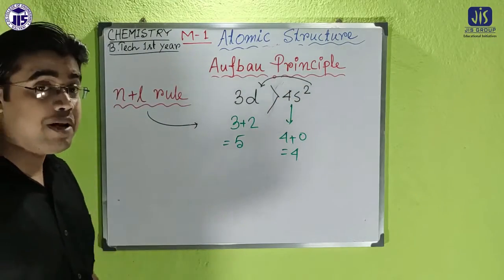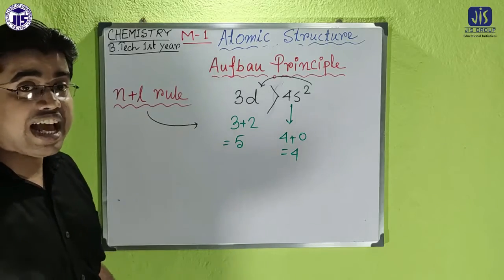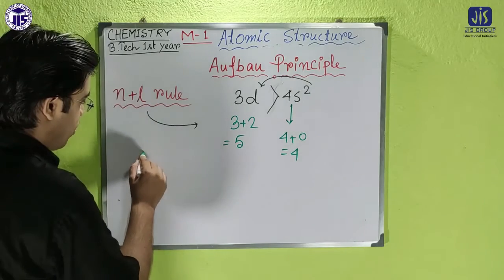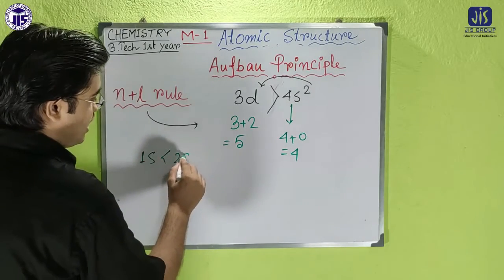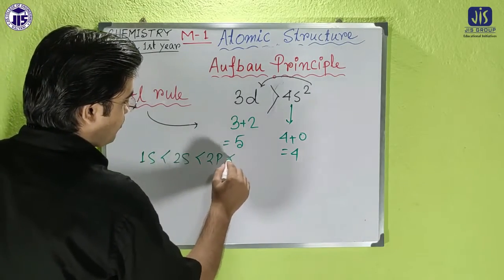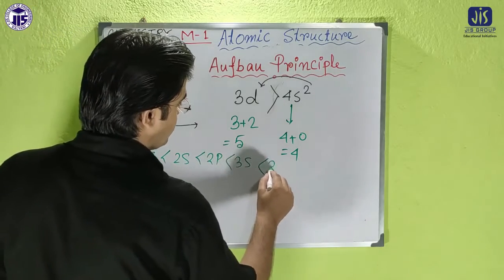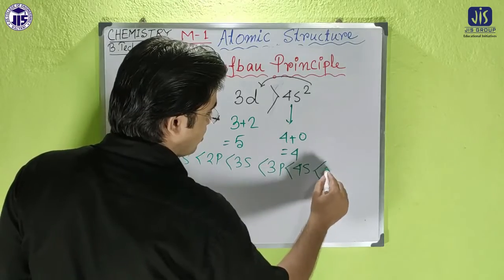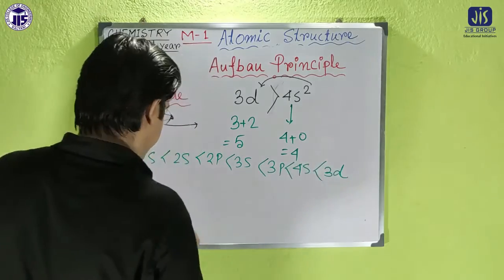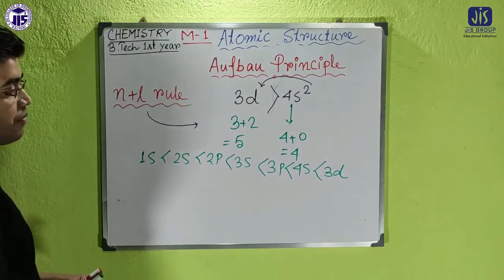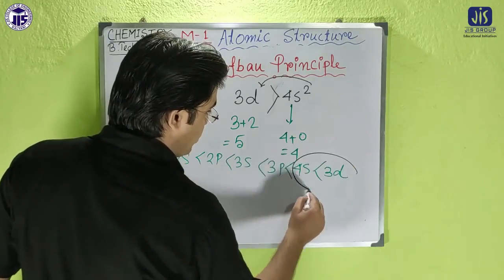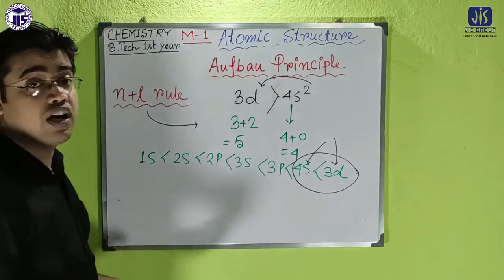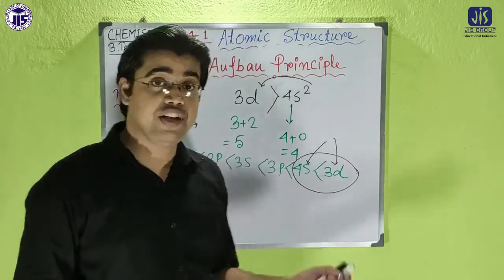So you have to keep in mind that when you are giving electrons, if I put the order 1s, 2s, 2p, 3s, 3p, then at first 4s, then 3d. Electrons will come first to 4s, then go to 3d. Okay, that is a very, very important point.